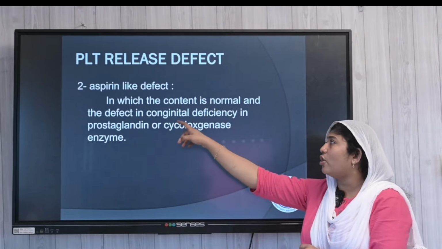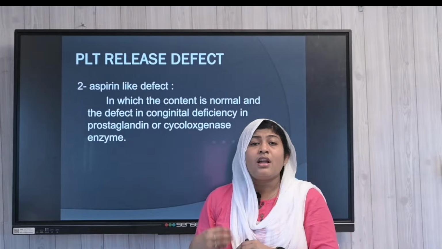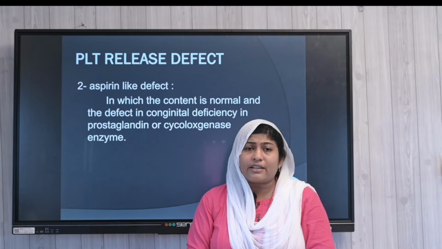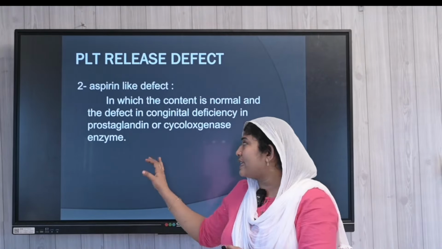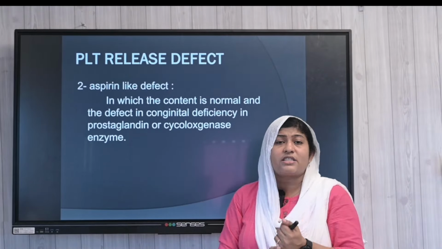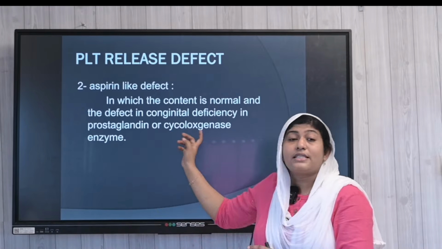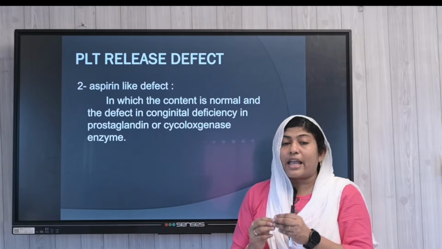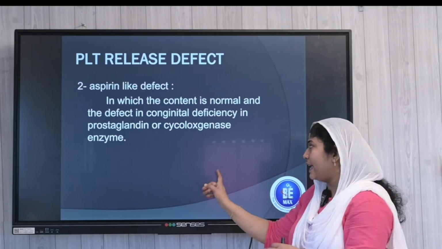That is a condition called aspirin-like defect. You all know, after taking the aspirin medicine, when we are doing a blood collection, the bleeding will not stop immediately. Same like that, the platelet quality is fine and quantity is fine, but due to the deficiency of this particular enzyme, cyclooxygenase, they cannot attach properly. This also results in a bleeding condition.